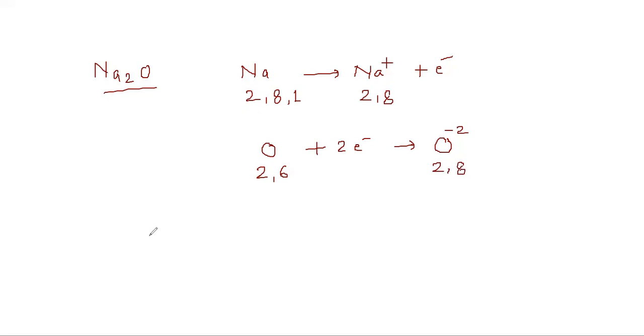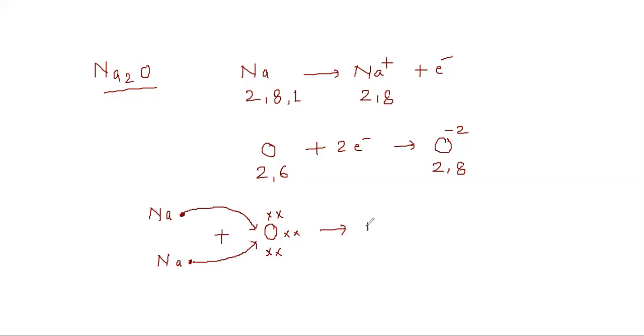Now let's see the formation. So we have to take 2 Na, one electron of this Na, the other electron of this Na will be transferred to oxygen, which has 6 electrons in its outermost shell. We can show this transfer like this.